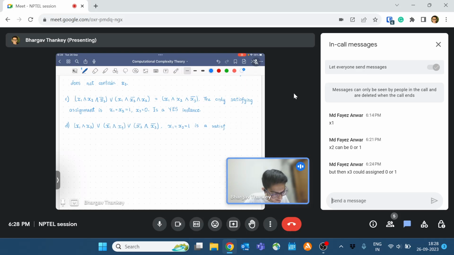Or rather, let me write it like this. X1 equals x2 equals 1 is enough to satisfy the formula. So there are at least two satisfying assignments.